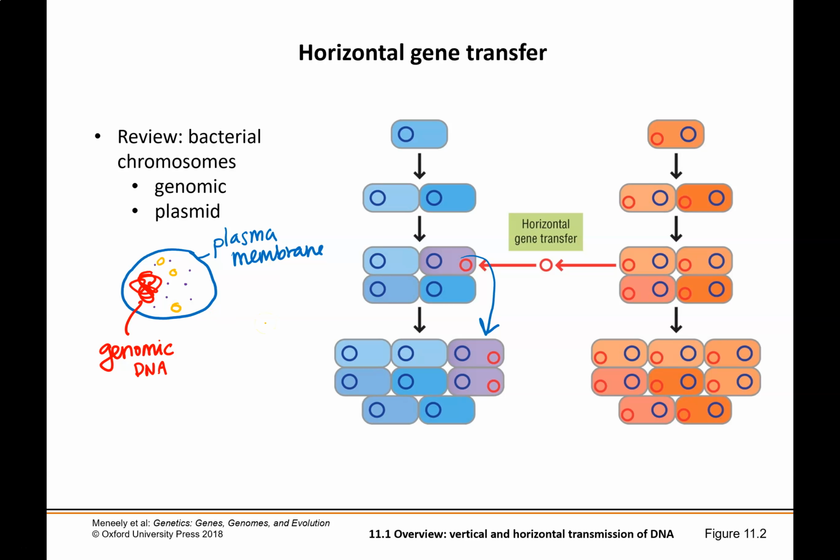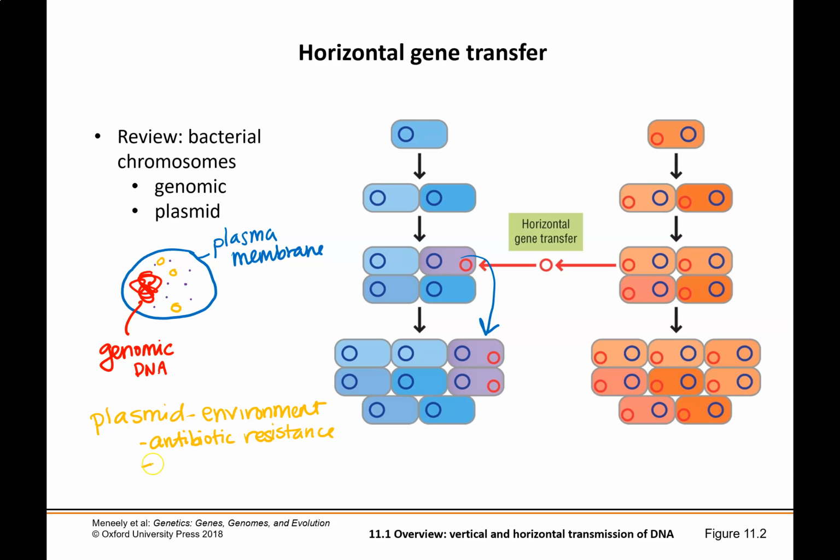And these plasmids often code for something that is important in the environment. So this might be antibiotic resistance, which is how resistance can spread through a medical environment.